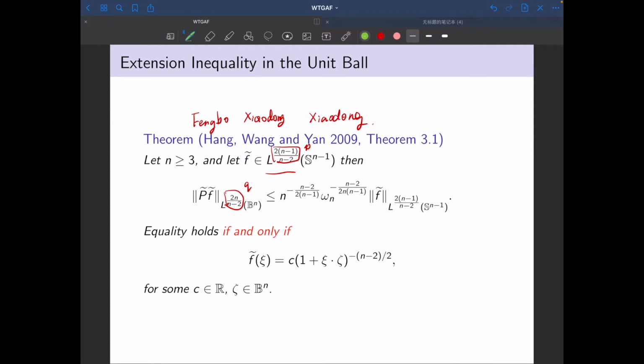Also, they found the sharp constant for this extension inequality. They also proved uniqueness of the extremal function. They proved that the extremal function has to look like this, where c is a constant and zeta is an element in the interior of the unit ball.